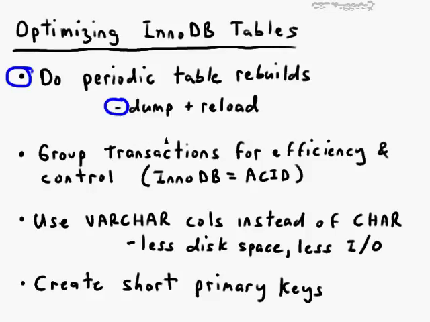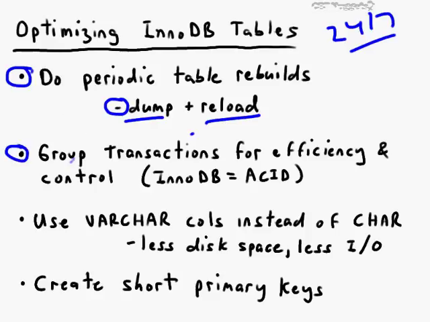Now, it might be shocking to you because you think, well, my InnoDB tables are 1 million plus rows. It's not a trivial operation for me to simply dump, in other words, back up, drop, and reload this table, especially if you're a 24/7 shop and have to rely upon scheduled downtime to do this kind of stuff. Nevertheless, that's the suggestion from the MySQL team.